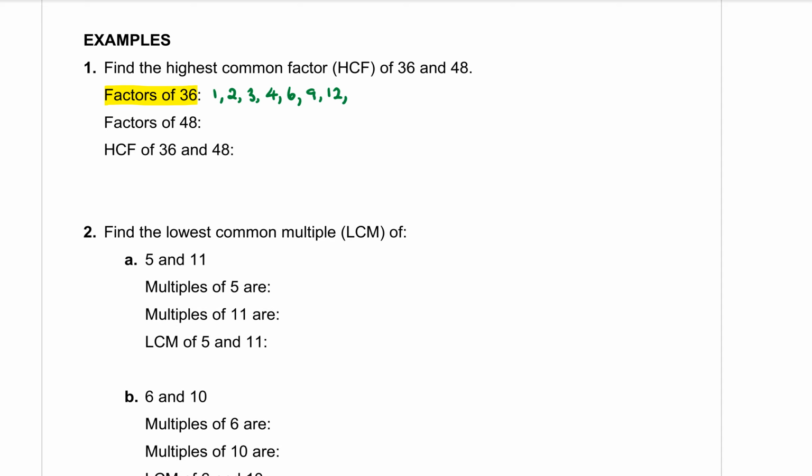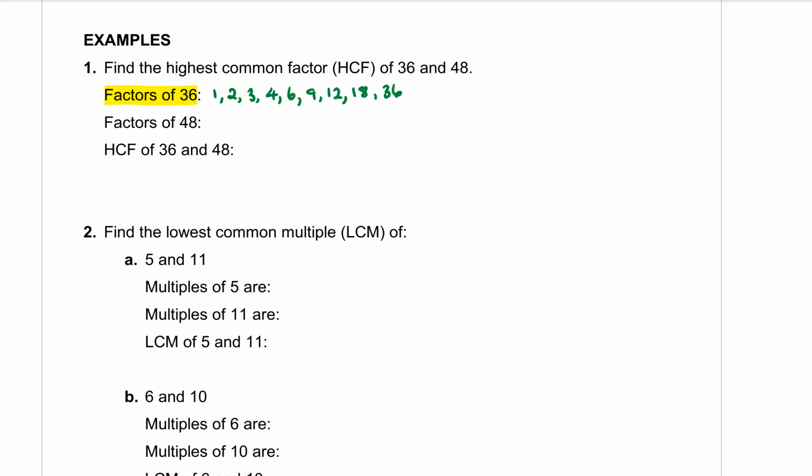Okay, you can start looking for your pairs in here now. So you can see that we've got 4 times 9 is 36. So 3 times 12 makes 36. 2 times, so the next number is going to be 2 times 18 makes 36. And 1 times 36 makes 36.